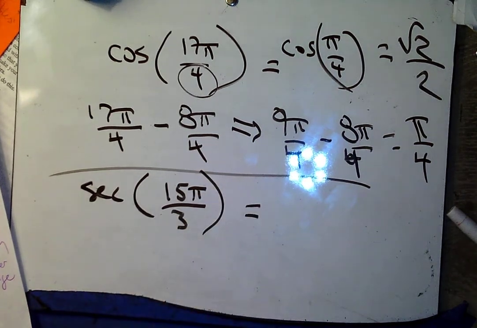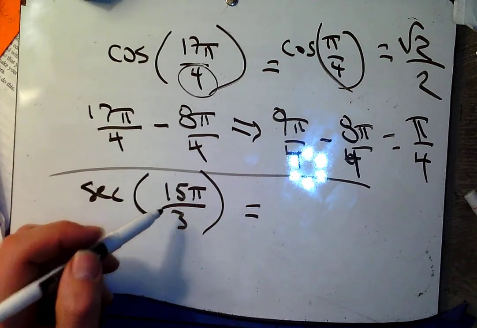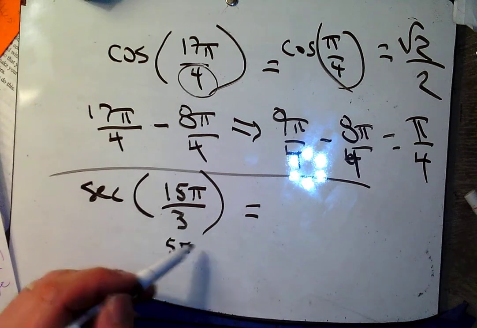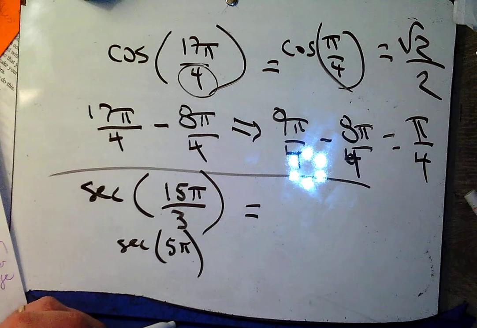Okay, what's the secant of 15 pi over 3? 5, 4, 3, 2, 1. Well, that's way too big. In fact, 15 divided by 3 is 5 pi. Secant of 5 pi.